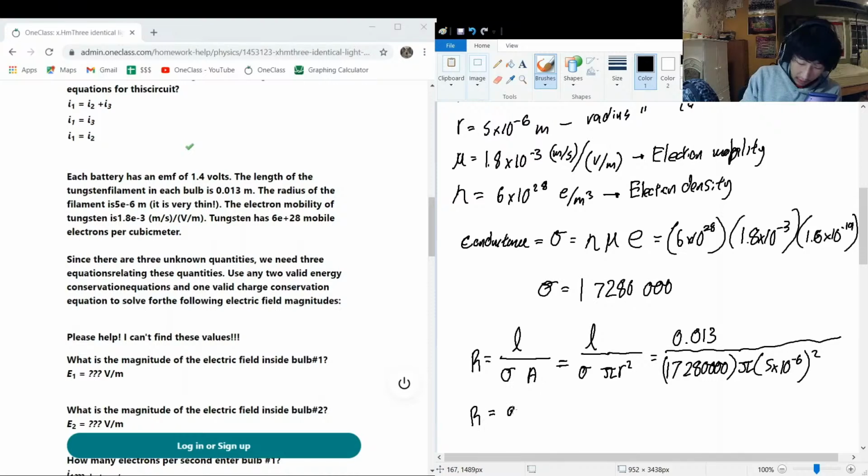And the result of this is 9.58 ohms, which is reasonable. Okay, so this is the resistance of one light.